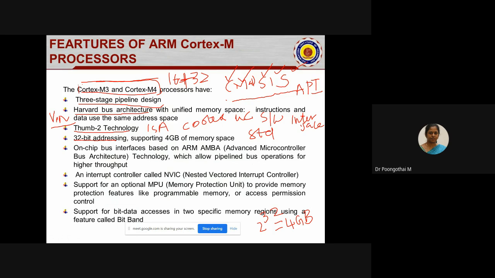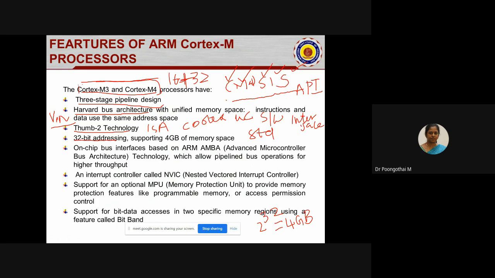What is the memory size of the 8051 microcontroller? What is the flash memory size? 4 KB. But in ARM Cortex M4, we have 4 GB of memory space.